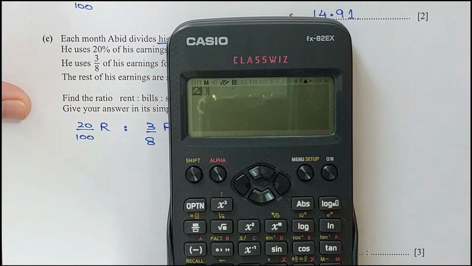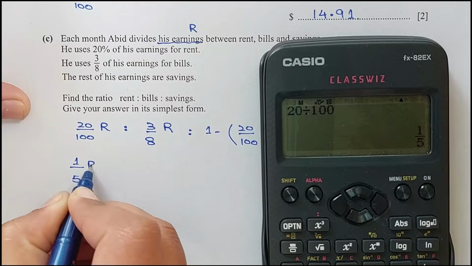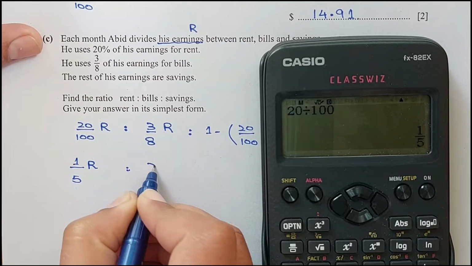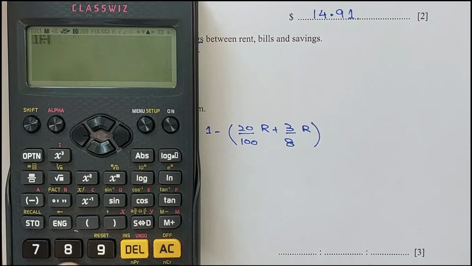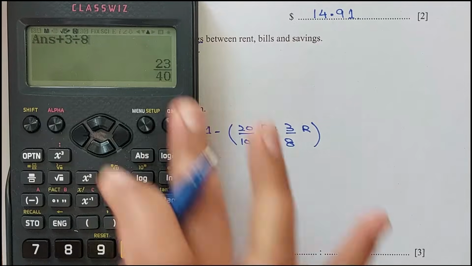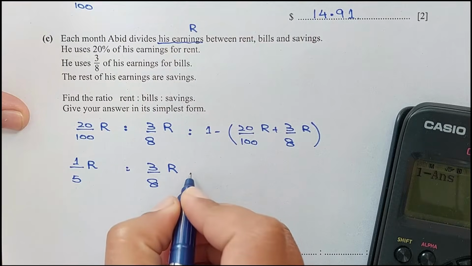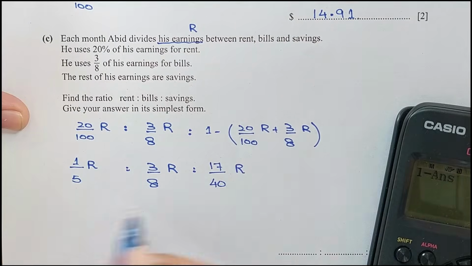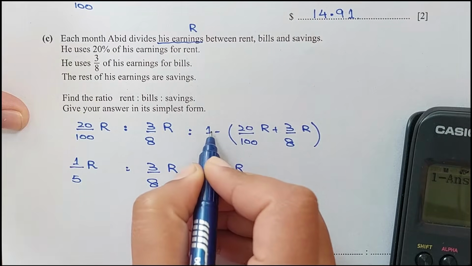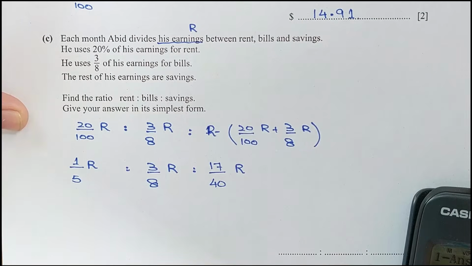Let me simplify. 20 over 100 is 1/5 of his earning for rent, 3/8 of earning for bills, and the rest is 1 minus (1/5 plus 3/8). 1/5 plus 3/8 is 23 out of 40, and 1 minus that is 17 out of 40. Sorry, the total is basically 1 times R, so we can cancel the earning R.